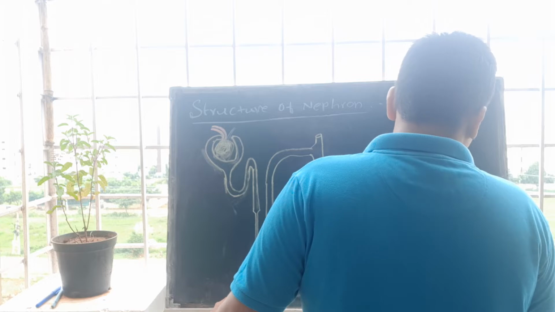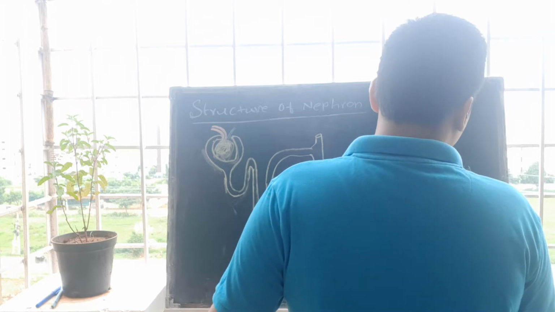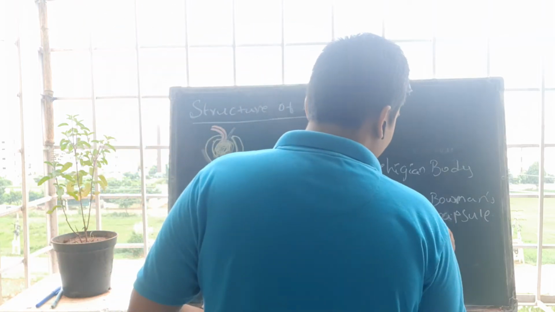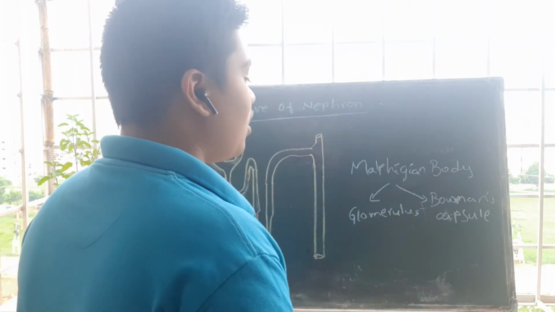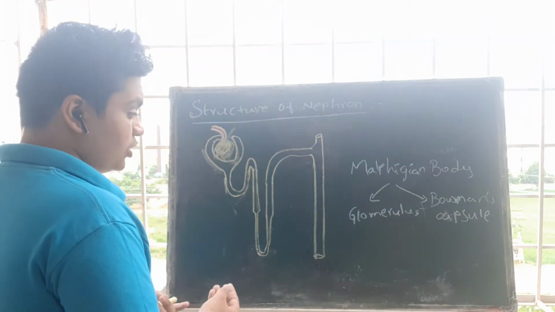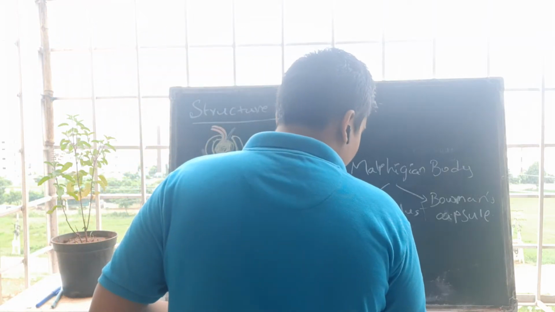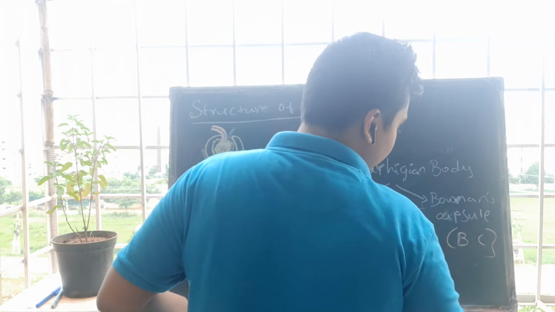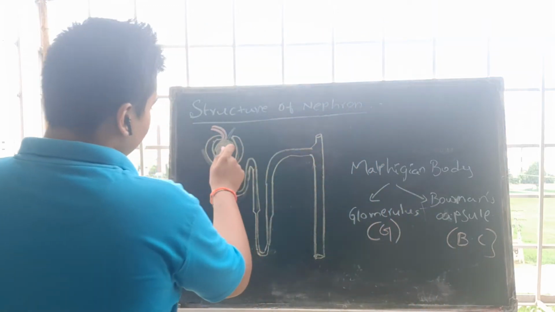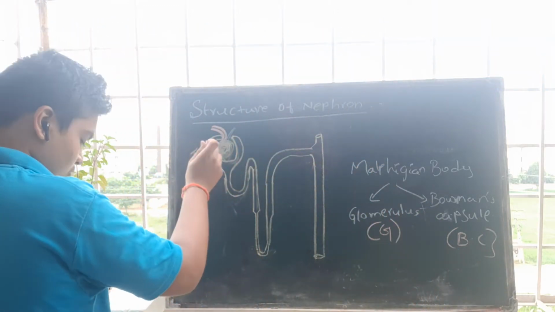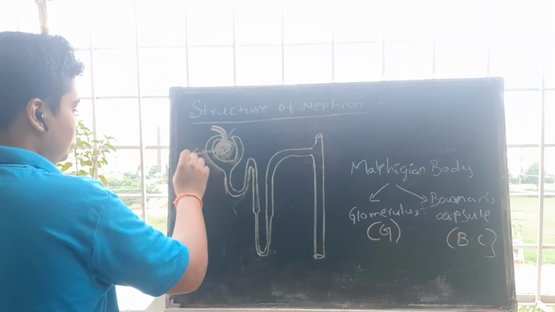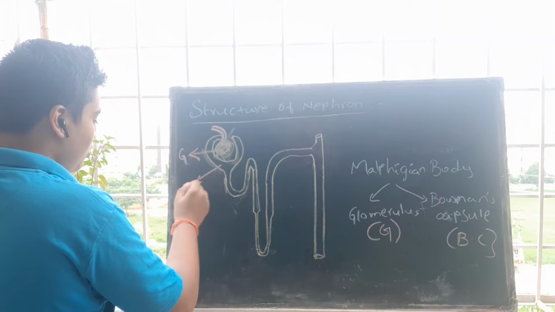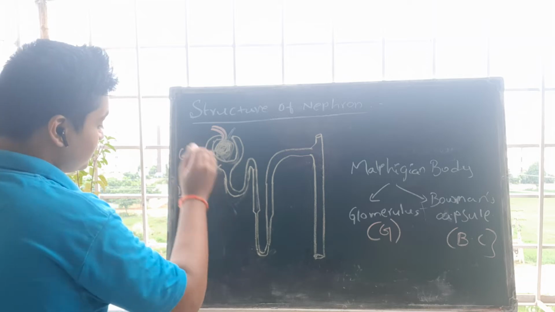Remember this. This combination leads to the formation of a Malpighian body. In the diagram I'll mention glomerulus as G and Bowman's capsule as BC. This is your glomerulus G, and this is your Bowman's capsule BC.